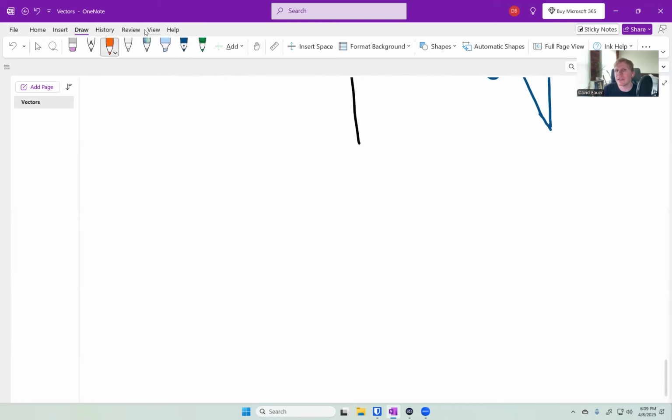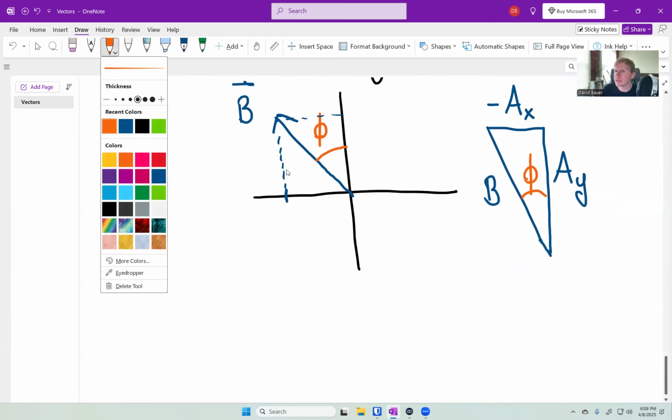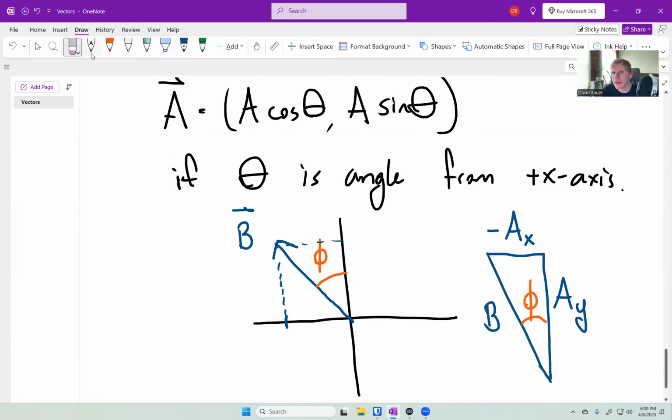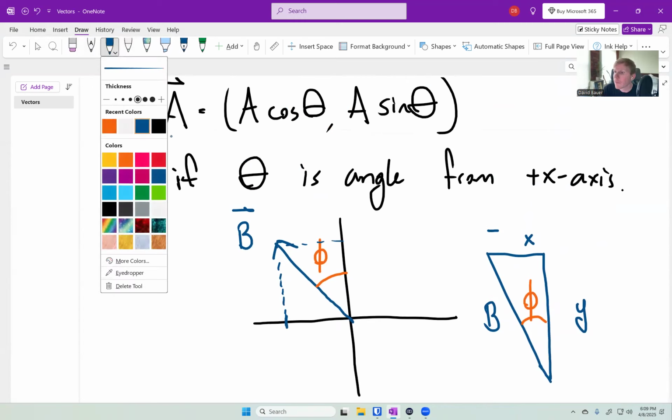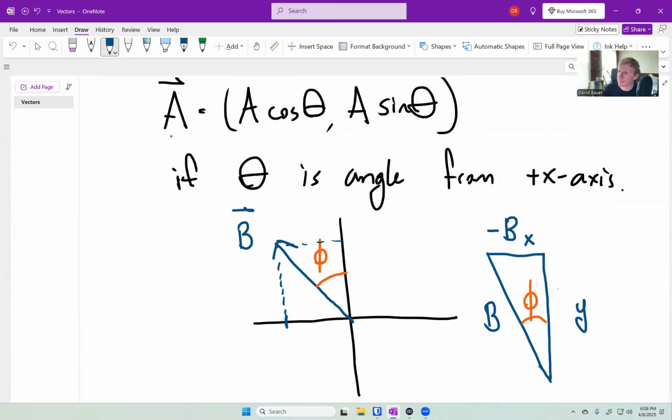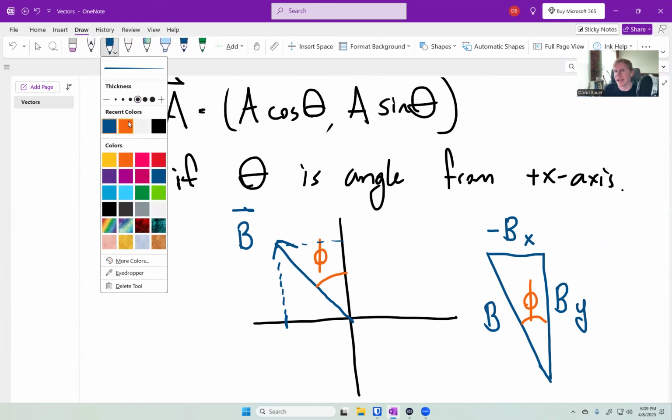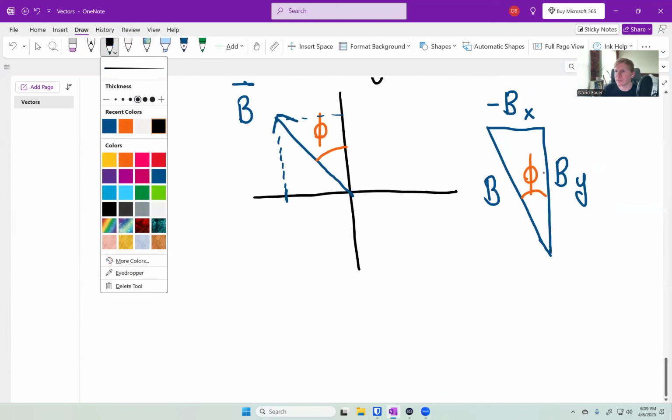So I get different formulas. Oops, sorry, these should be b, not a. I get different formulas in terms of that angle for what the components are.